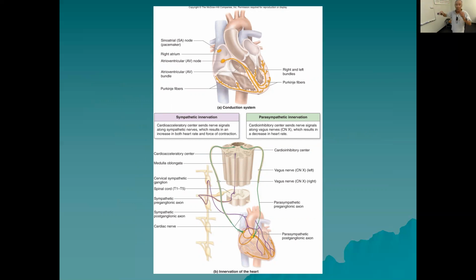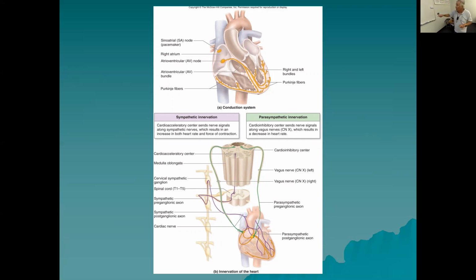At the AV node, there's a tenth of a second delay, then the AV node fires and sends the action potential down the bundle of His, or atrioventricular bundle, to the right and left bundle branches, to the ventricular septum, out to the apex, along the Purkinje fibers, and causes a contraction of the ventricles from inferior to superior. That's the conduction system.